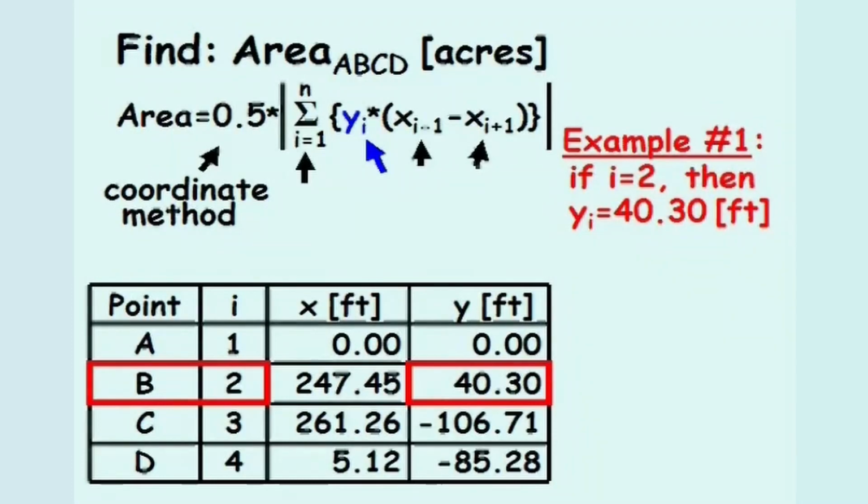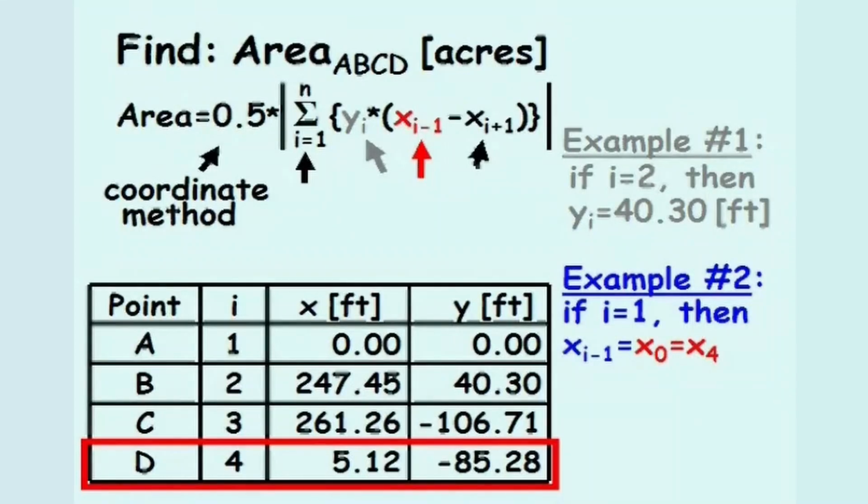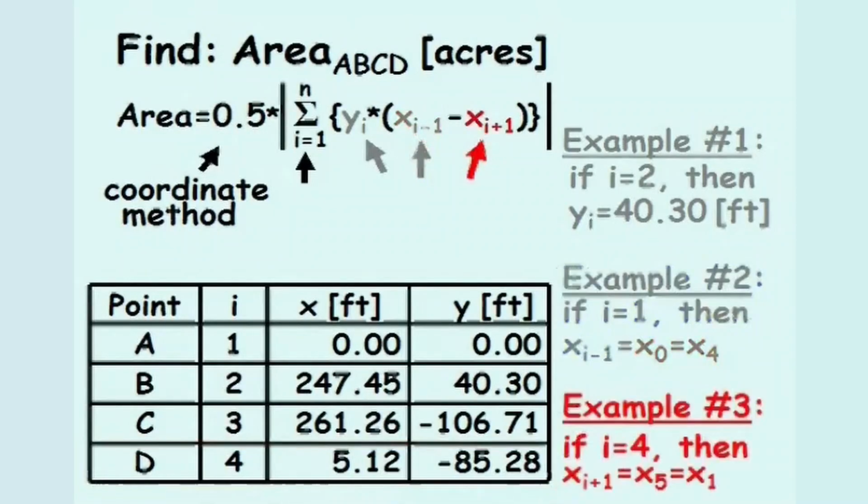As a second example, if i equals 1, then x sub i minus 1 equals x sub 0. But there are no points whose i value equals 0. In this case, we'll loop back around and use the coordinates for i equals 4, which are the coordinates for point D. A similar situation occurs for x sub i plus 1 when i equals 4.